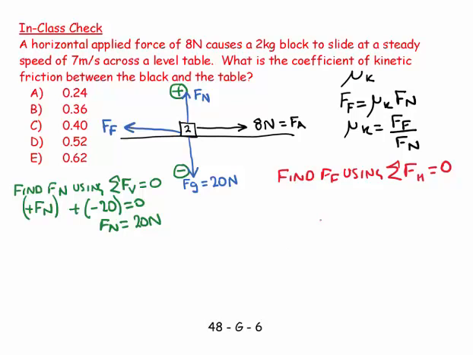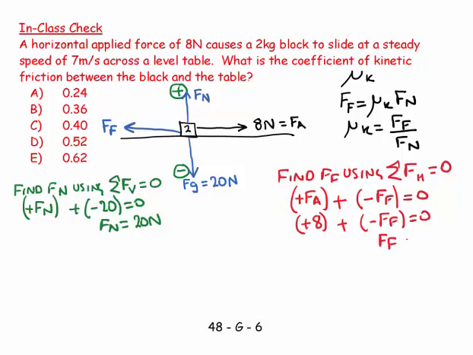So I resolve my forces horizontally, and I say plus Fa added to minus Ff, in the negative direction, is equal to 0. And I know what Fa is. Fa is 8, so it's plus 8 added to minus Ff is equal to 0. And I want to find Ff. So Ff is equal to 8 newtons.